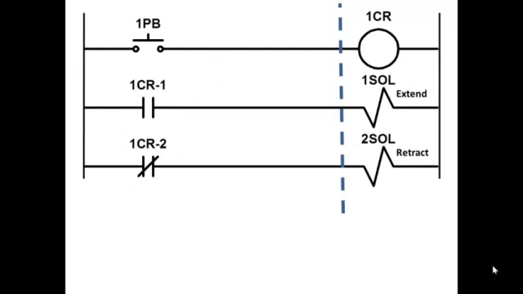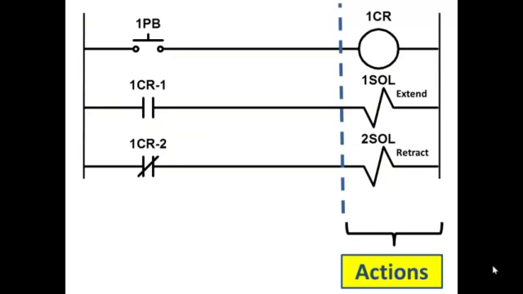Now, when it comes to an electrical diagram or to standard relay ladder logic like you would have in a PLC program, there's a line that divides two sections of these rungs. This line right here divides the actions from the permissives, or you could say the actions from the conditions and permissives that need to be met to cause the action.